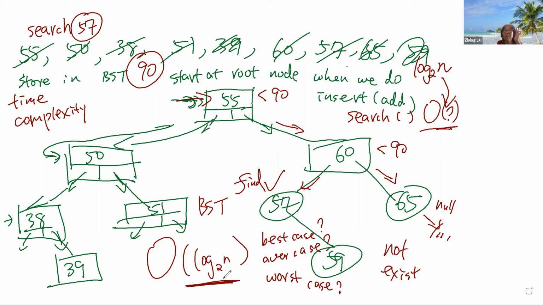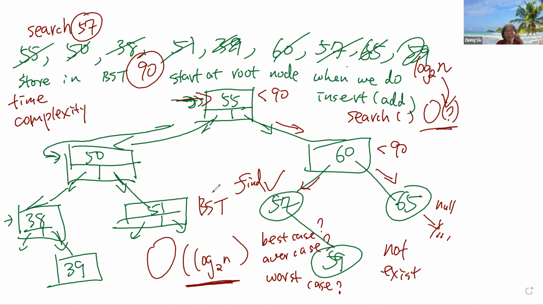And what's the best scenario for the average case for a binary search tree? No, what I mean is the tree itself.